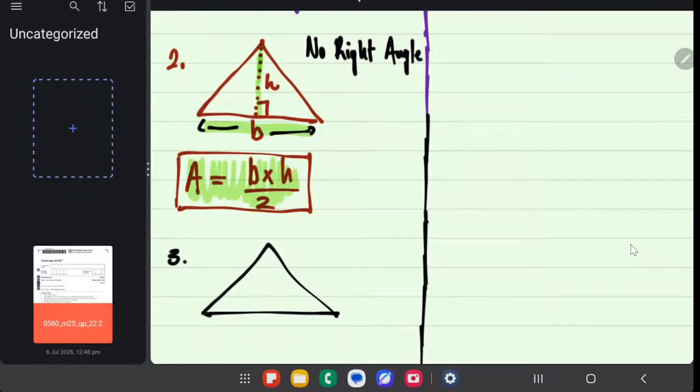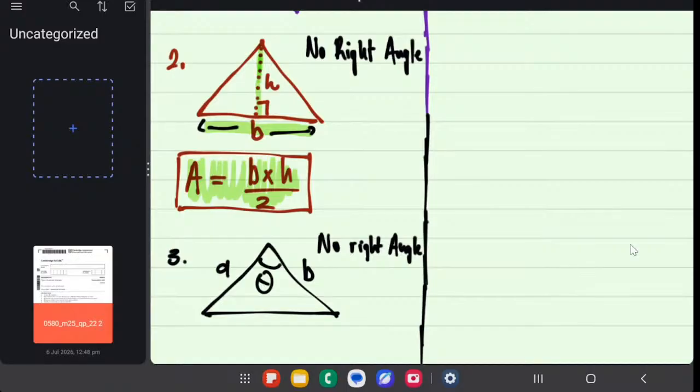Then the third one, they won't have. It's again no right angle, but they will not give you base and height. They'll give you this side, which we'll call A, this side, which we'll call B, then this angle, which we'll call theta. So if they ask for the area of a triangle, I want you to look at these 3 and choose which one works.